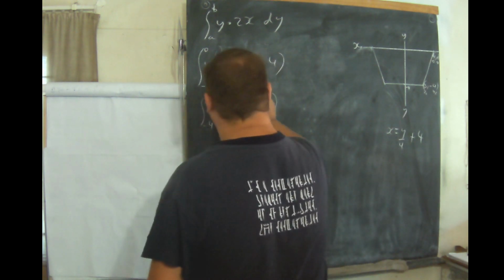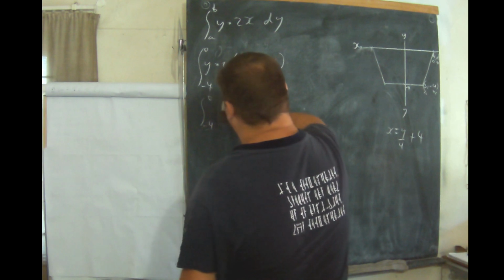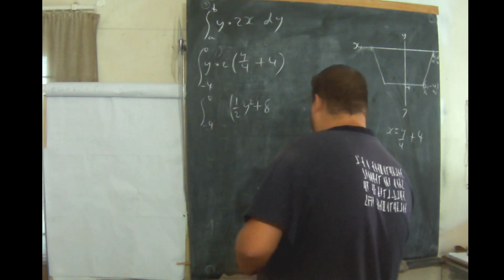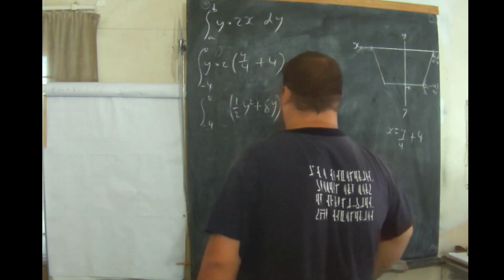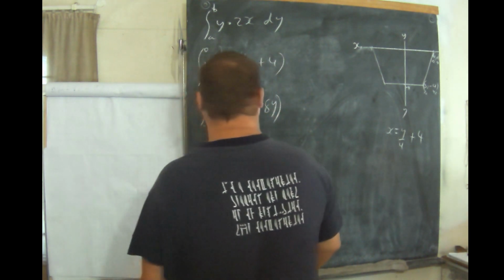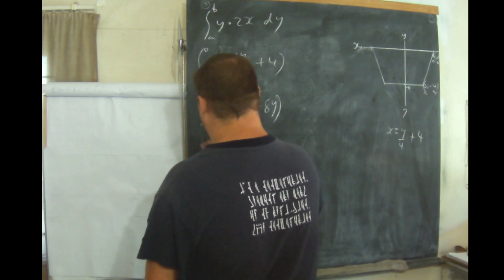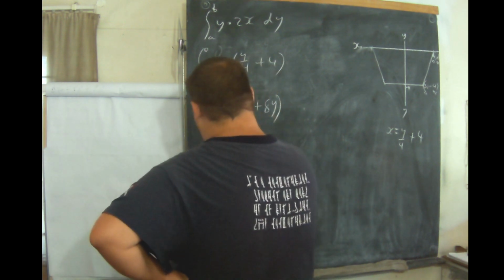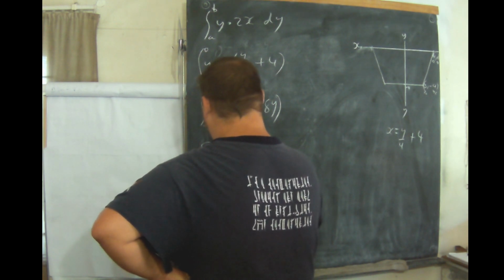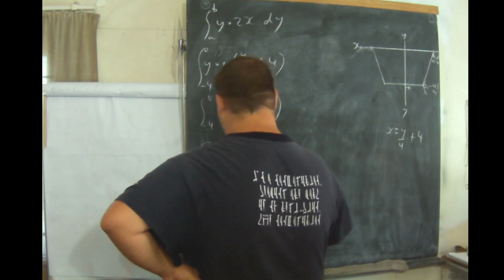Now we multiply y squared and y. So we are left with, okay, so let's integrate. A half, plus 8y squared over 2.